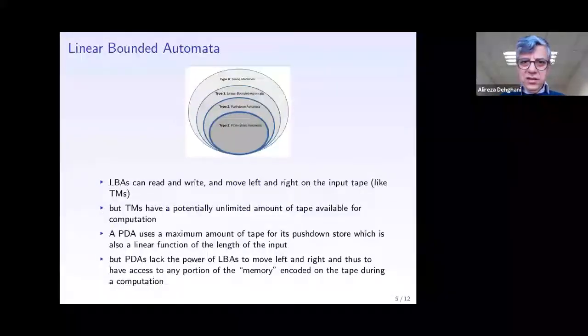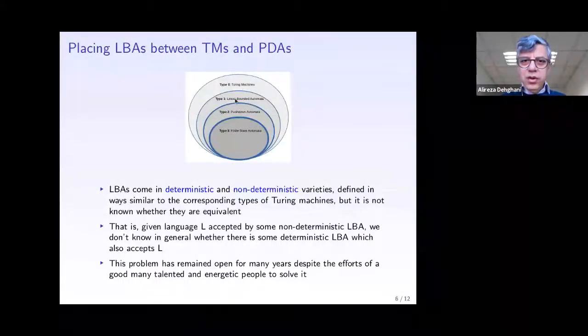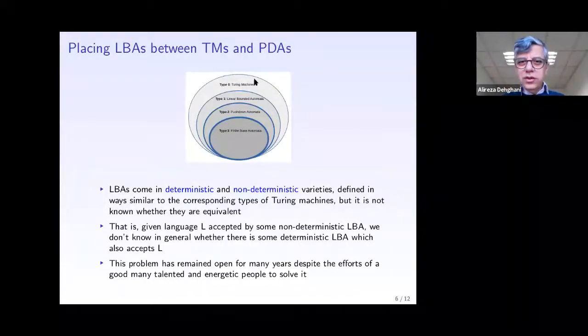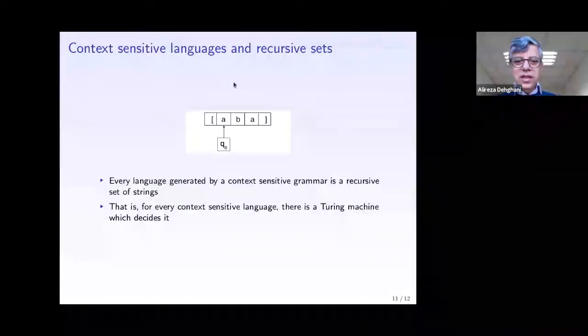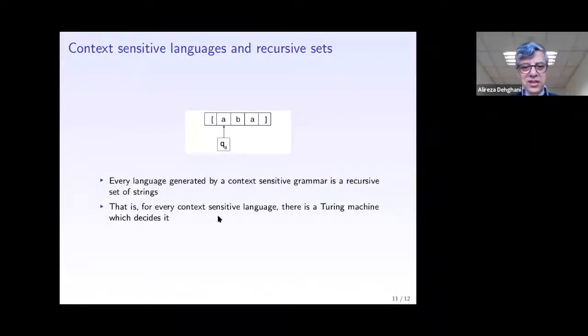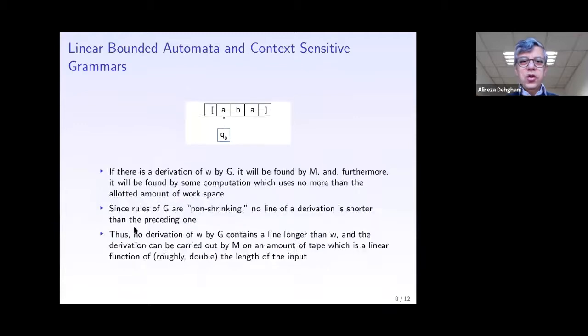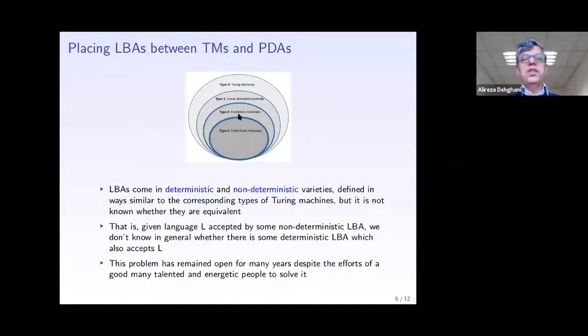If you go back in here, you see these linear bounded automata are a subset of Turing machines. Linear bounded automata can be related to the context sensitive languages and grammars. That means every context sensitive language and grammar can be related somehow to the Turing machine because that's a subset of that. For every context sensitive language there is a Turing machine which decides it. It is possible because that's a subset. You know the meaning, the definition of being a subset.